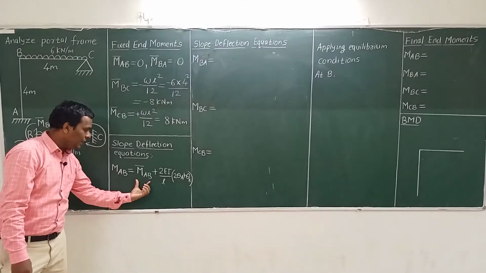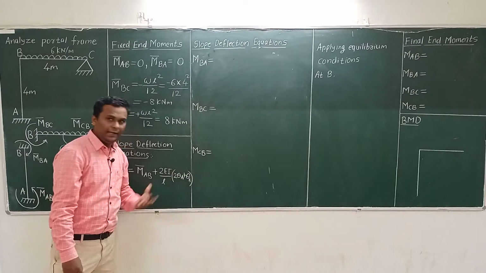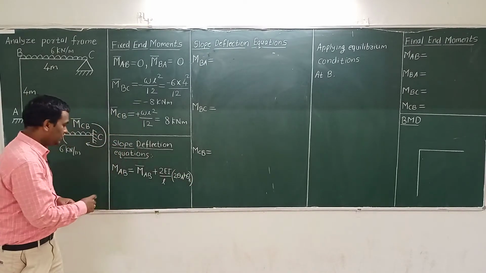That is M bar AB plus twice EI upon L inside the bracket twice theta A plus theta B. This is the equation.